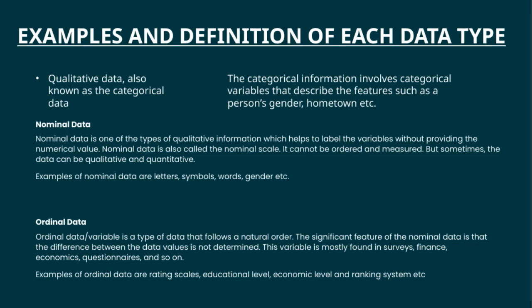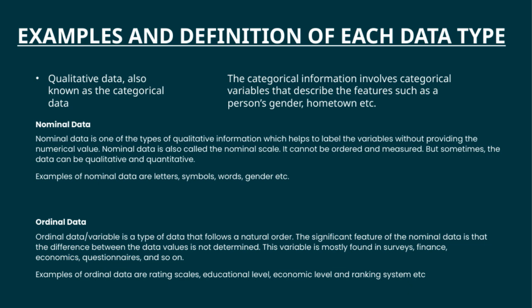Let's talk about ordinal data. Ordinal data, or ordinal variables, are a type of data that follow a natural order or ranking. The key feature here is that, unlike some other types, the difference between the data values isn't necessarily determined or meaningful. For example, when you see survey ratings like excellent, good, fair, or poor, these are ordinal because they reflect a ranking or level of satisfaction, but we can't say precisely how much better excellent is compared to good.